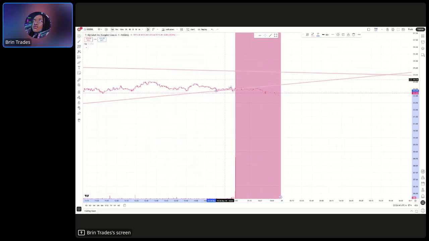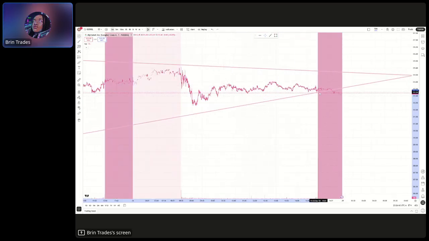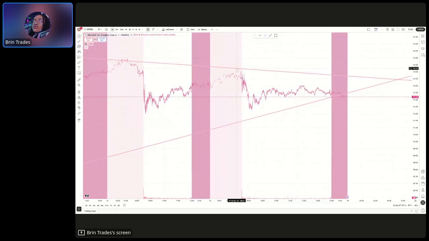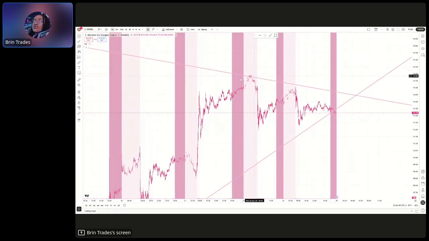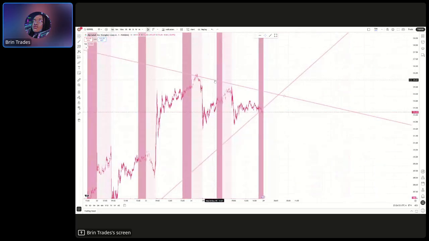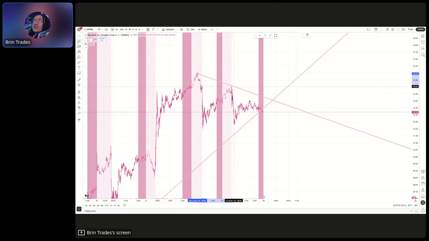Let's go on to the 1 minute. And we've got one right here. Oh, look, we have another trend line that we could actually adjust. I'm just going to move it up here. A new trend line from here to the downside.